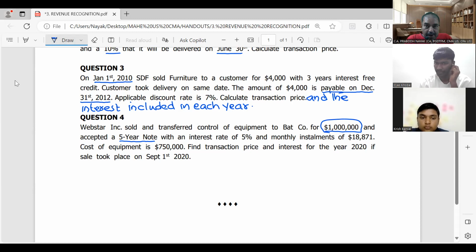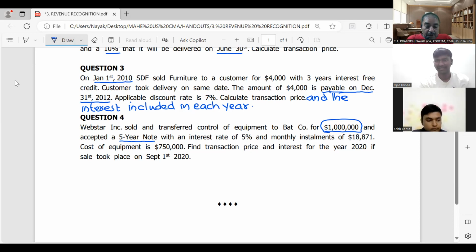And what you are calculating is interest on the loan. It is not interest on the difference between the transaction price and the amount given to you. I knew that you were going to discount it and calculate the present value. That is why it was purposely given. $1 million is the transaction price. It has got nothing to do with that 5% interest because that is a different transaction altogether.